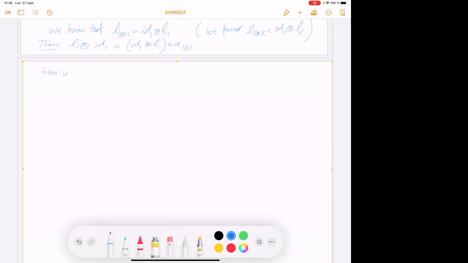Here is another triangle for all x, y in C. So triangle with the 1 in the middle: x tensor 1 tensor y.